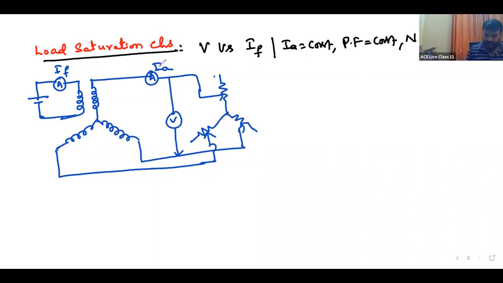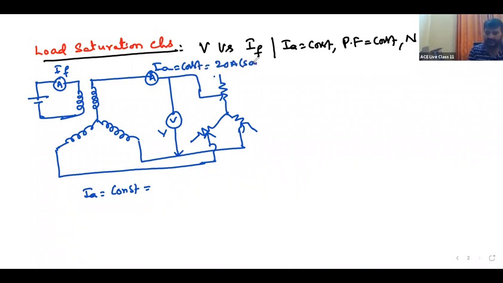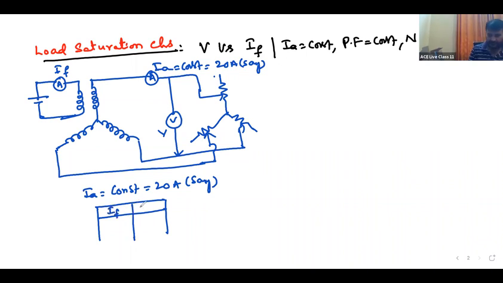Again take the same readings, with IA constant, say some 20 amperes. Again take the set of readings, IF and V.